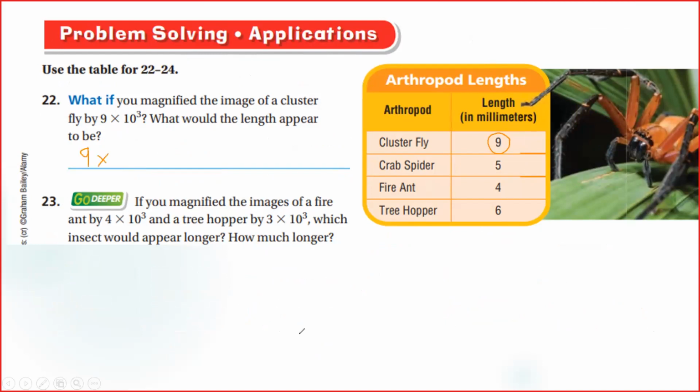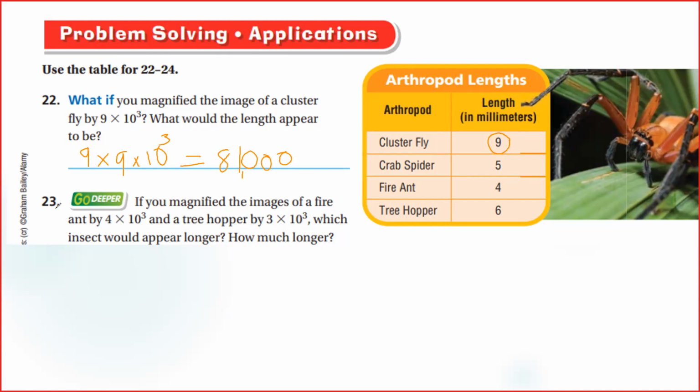And now you magnify it by 9 times 10 to the power of 3. So what will the length be? 81. And then how many zeros? Bravo. Thank you so much. 81,000.